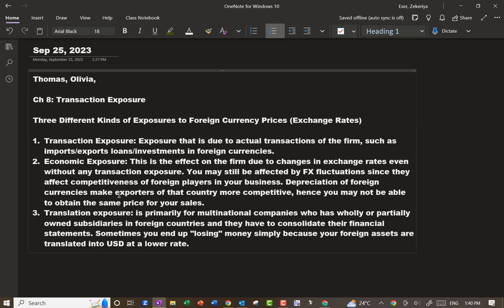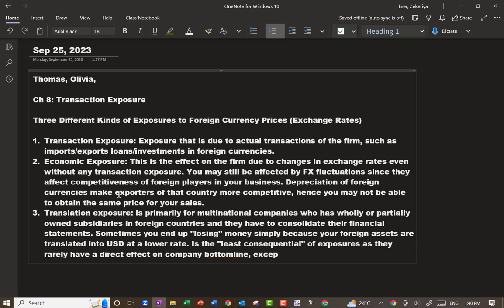Translation exposure is the least consequential of the exposures, as it rarely has a direct effect on company bottom line, except through income statements.